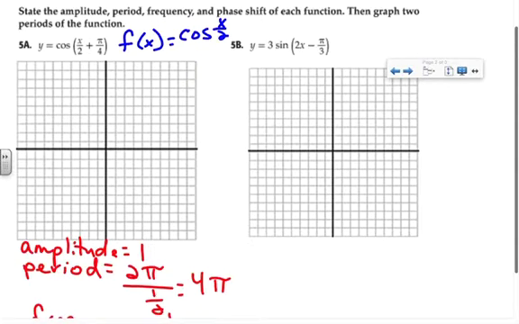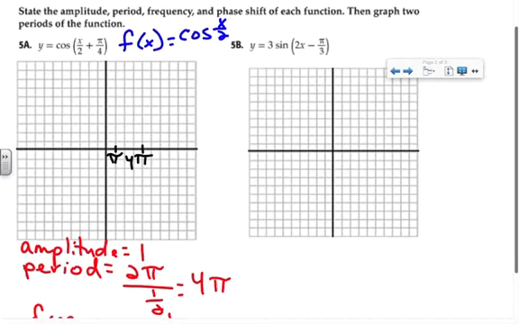Okay? So since the period of my graph is 4 pi, I'm going to break my grid lines on the x-axis into pi's. So here's 1 pi, 2, 3, 4 pi. The instructions ask us for 2 periods of the function.